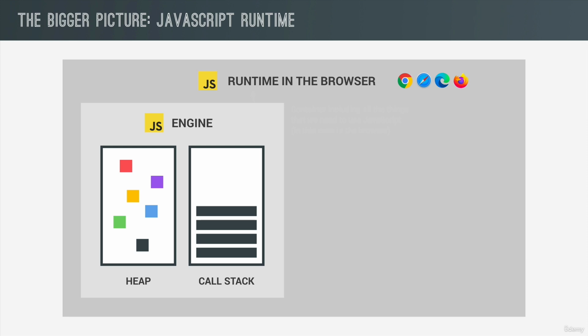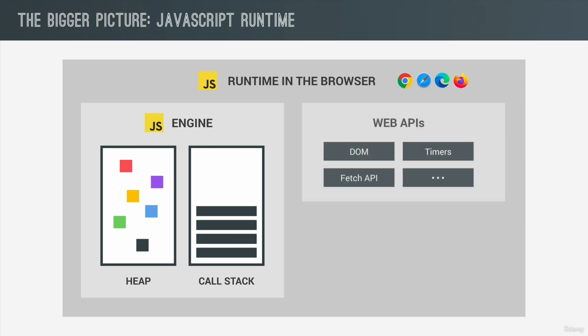In order to work properly, we also need access to the web APIs. And we talked about web APIs before, remember? So that's everything related to the DOM, or timers, or even the console.log that we use all the time. So essentially, web APIs are functionalities provided to the engine, but which are actually not part of the JavaScript language itself.